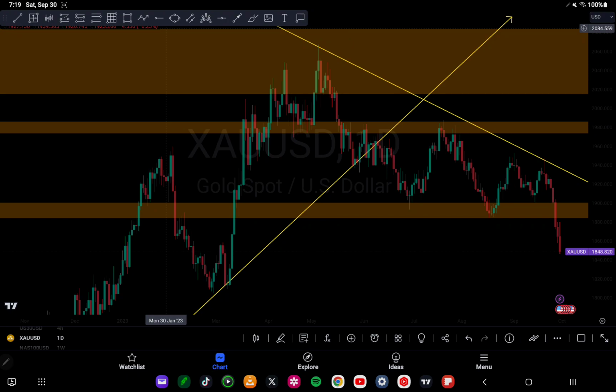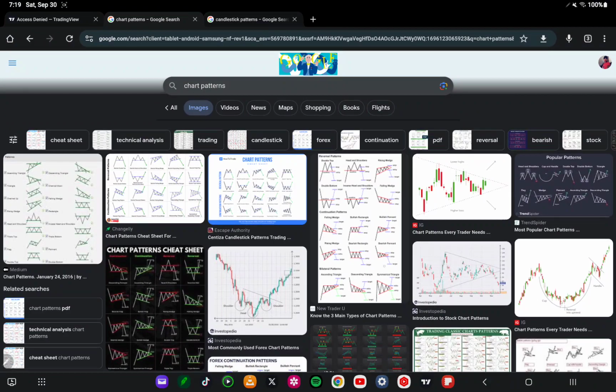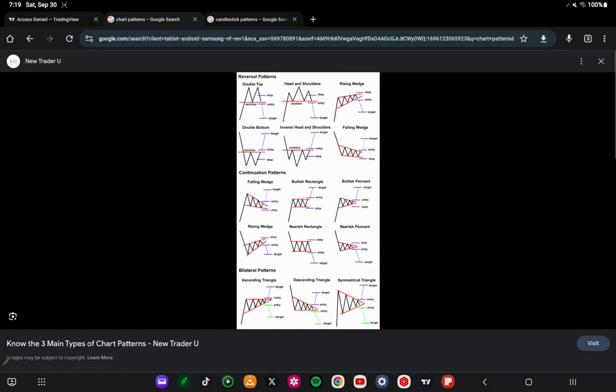Let me just go there and see, for those that are new. So this is called the W pattern, and right here is called the M pattern.